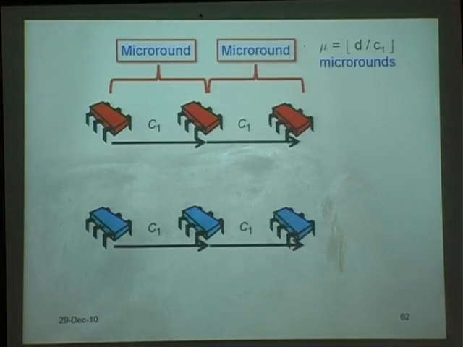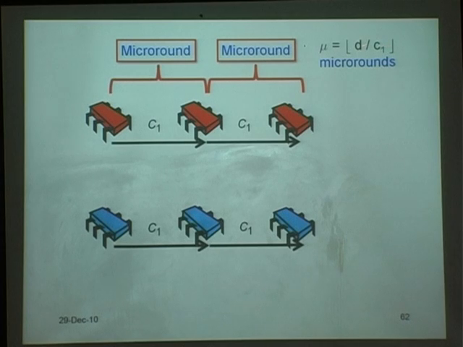So here's what it looks like. In each round, since a round takes time d, and d we'll assume is significantly longer than the step time, we're going to divide the round into micro rounds, where each micro round takes time exactly c1. So it's like we have a kind of synchronous system here.